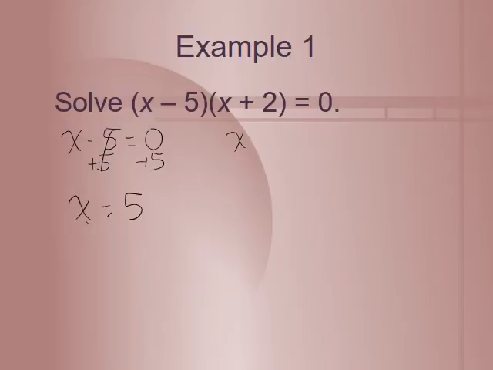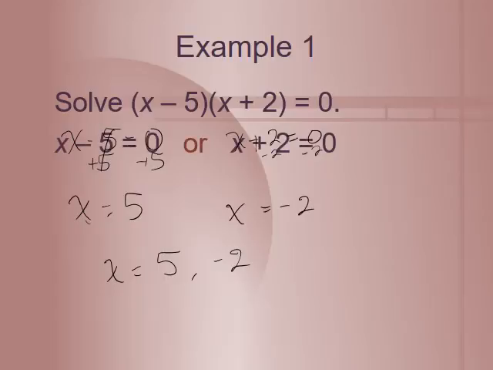And then we're going to try x plus 2 equals 0, and we're going to solve for x again. So here we see that x could equal 5 or negative 2. It could be either one in this particular problem.